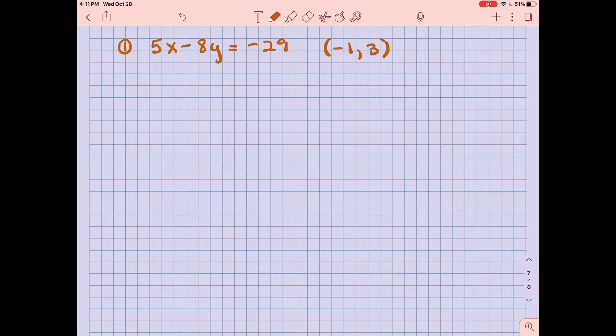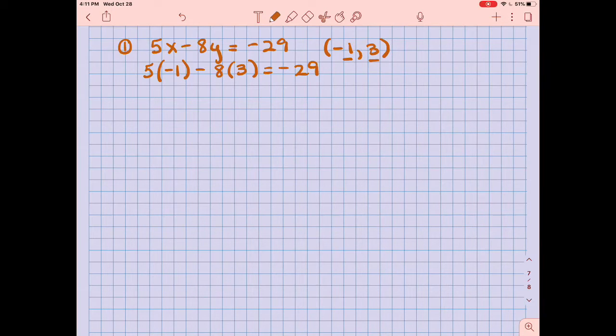And so what I'm going to do is substitute these values into my equation. So I'm going to say 5 times -1 instead of x minus 8 times 3 equals -29. See, I just put in the x for the x and the y for the y.